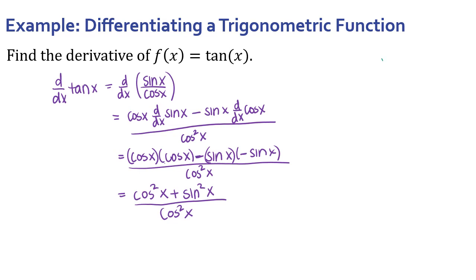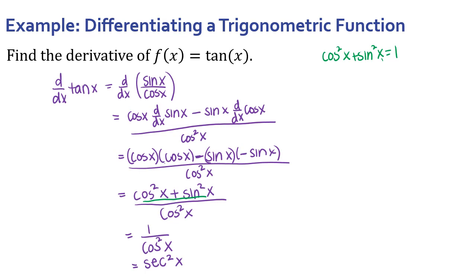Now, in trigonometry, we learned a trig identity that said cosine squared plus sine squared equals 1. So I can replace this numerator with 1. So I get 1 over cosine squared x, which becomes 1 over cosine of x, which equals secant of x, so this just becomes secant squared x.